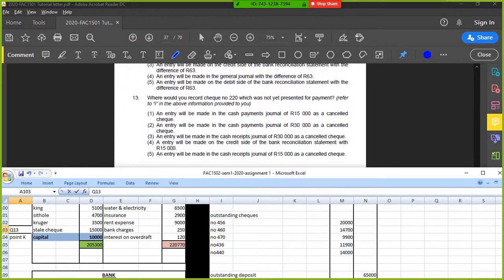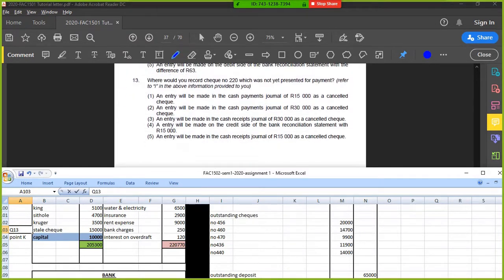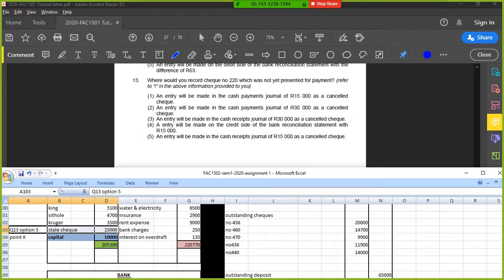An entry on the cash payments? No. An entry made on the cash receipts of 30,000? No. An entry made on the credit side of the bank statement? No. An entry made on the cash receipts journal 15,000 as a cancelled check? Yes, number 5. There's the answer. Question 13, option 5.